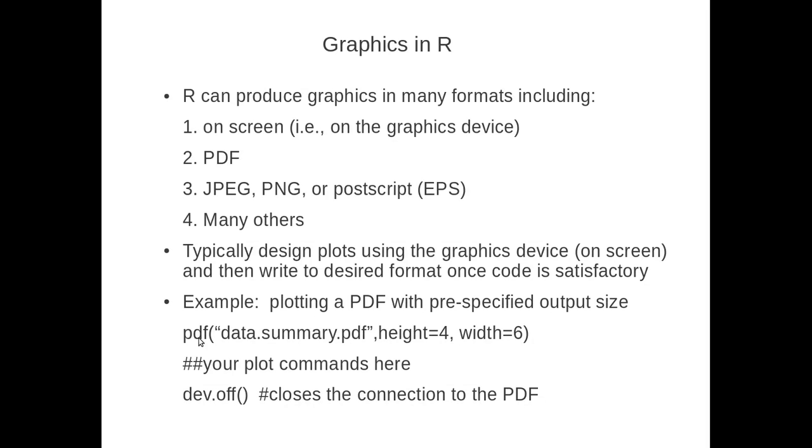If you call that before executing your plot command, rather than writing the output to the graphing device on screen, what R will do is export that graphic to a PDF and render the PDF so that you can open it as you would any other PDF file.